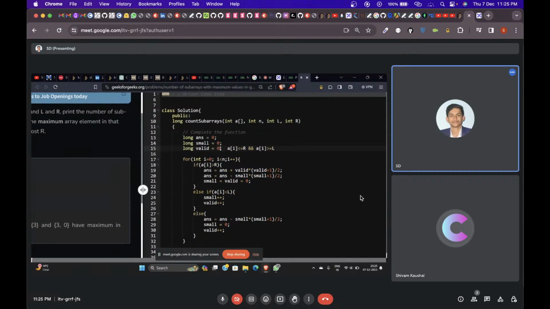That is this one's logic. For small, we are just taking a count of values that are smaller than l.